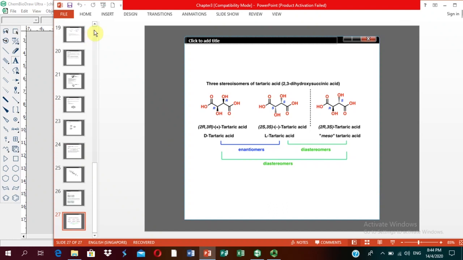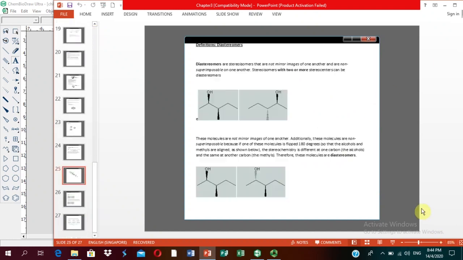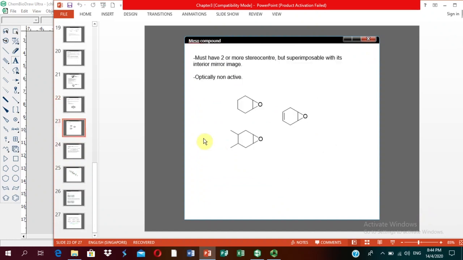Okay, we have discussed enantiomer, diastereomer, and identical molecule. So I want to explain a little bit about the meso. Okay. So another type of molecule is meso compound. Meso compound must have at least two or more stereocenters or chiral carbons, but superimposable with its mirror image.